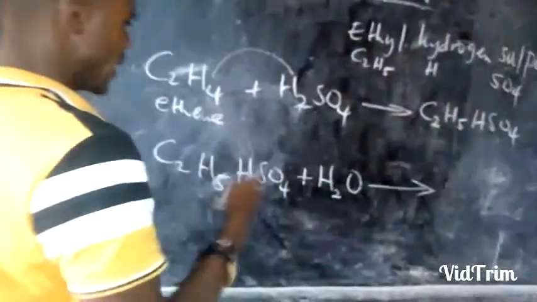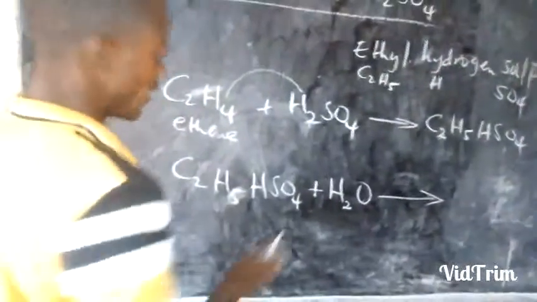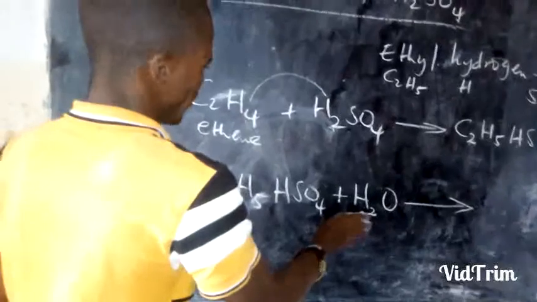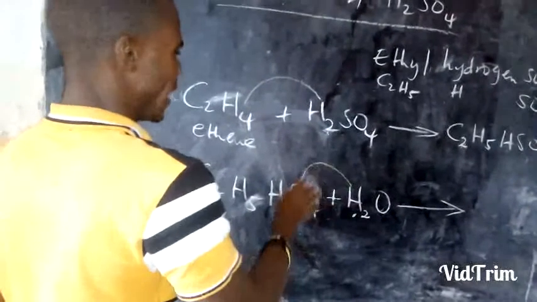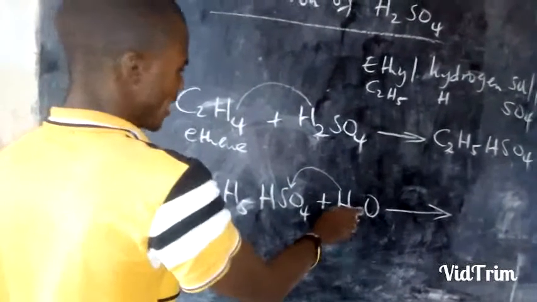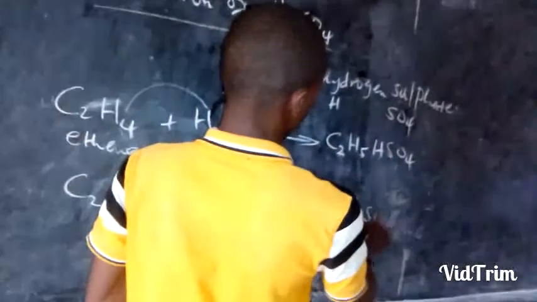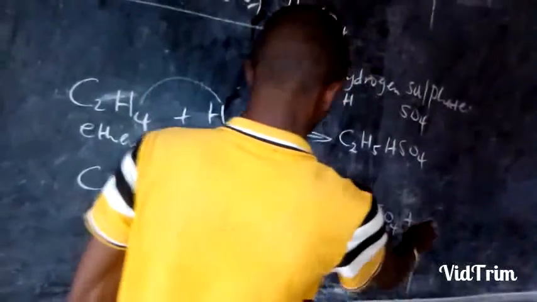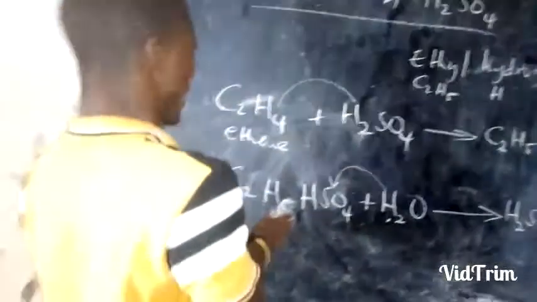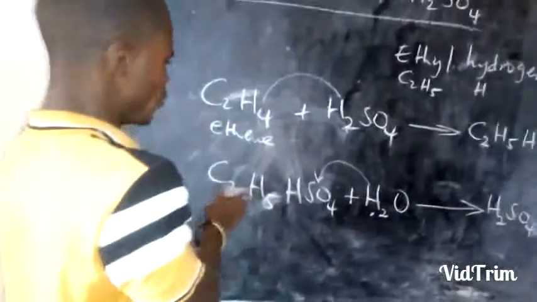When you now look at the format of the analysis here, the two hydrogen atoms from here will come to the SO4. When two hydrogen atoms come to the SO4 here, we are going to get H2SO4. That is what we have. Plus. Now let us add the other molecules that are left. We have C2H5 left.